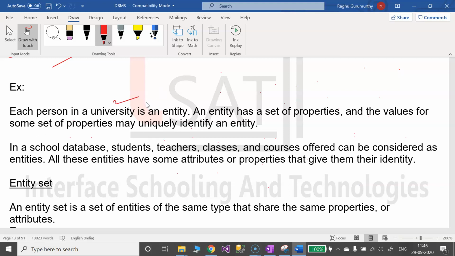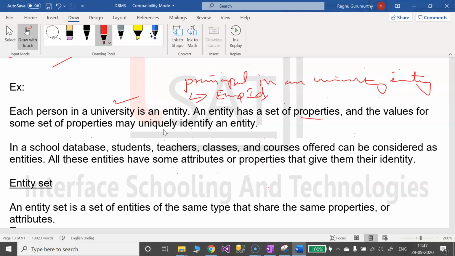The entity has a set of properties, and the values for some set of properties may uniquely identify an entity. As I told, a principal in a university is an entity. We can identify this principal through his employee ID.